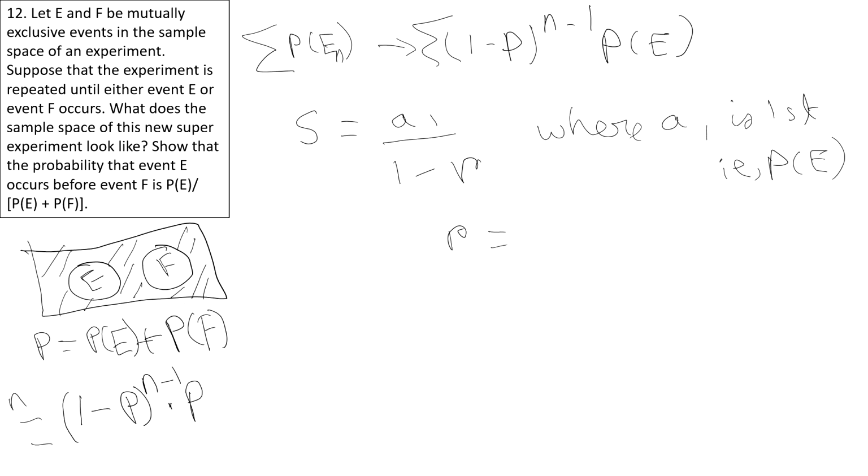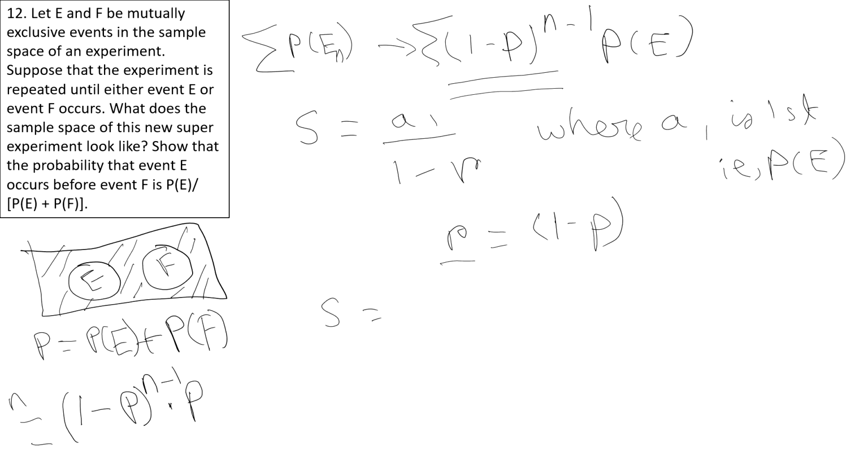Here the common ratio is 1 minus p. With every successive step 1 minus p is being multiplied: for the first term it will be 1, then for the second it will be 1 minus p into p, then 1 minus p whole square into p, like that. So the common ratio r is 1 minus p.